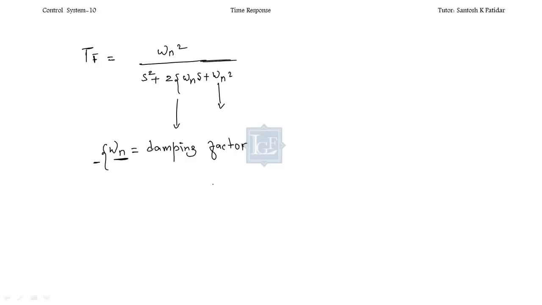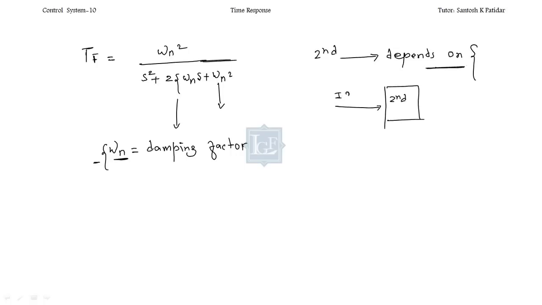Okay, last time we discussed that the second order system response depends on the zeta value only, correct? What it means is that if you have a second order system, you apply some input to it, and you get some output from it, correct?